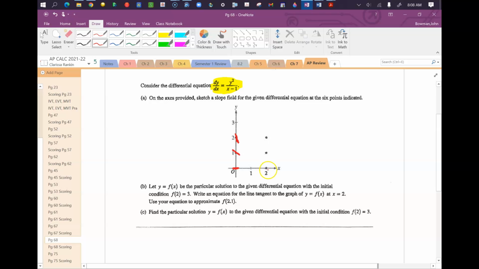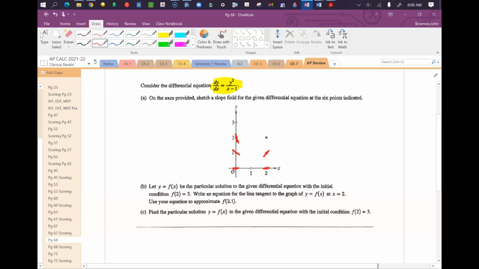Then we'll jump over to the point 2, 0. So our numerator is going to be 0. Our denominator is going to be 1. So we have a slope of 0. Then over to the point 2, 1. So we have 1 over 1, which is +1. And then up to the point 2, 2.